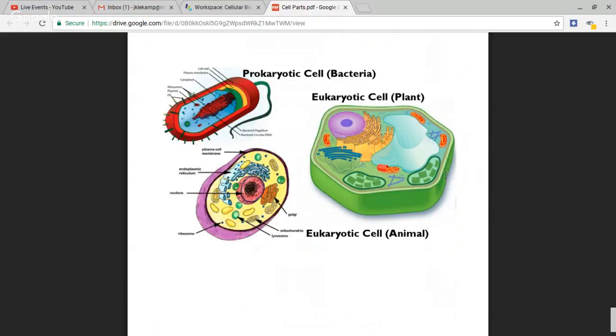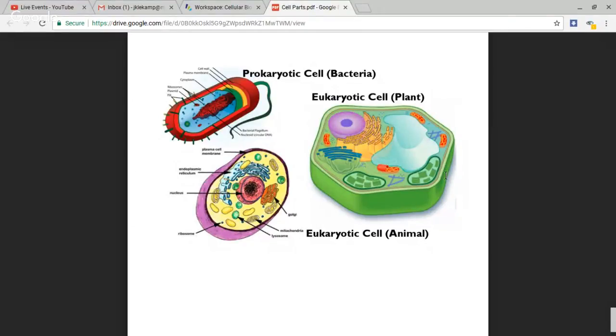When you move into the animal and the plant cells, you can kind of see they're more detailed, have a little bit more organelles to help with the structure. And it just has some different things for the animal cell and the plant cell to be able to carry out its processes.